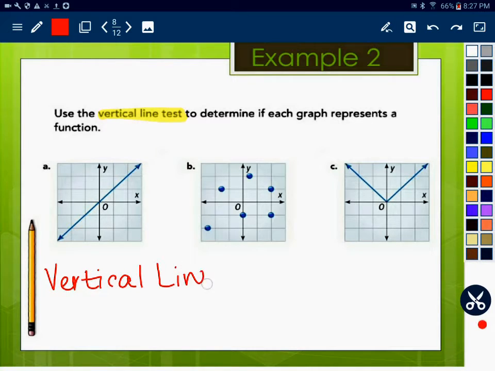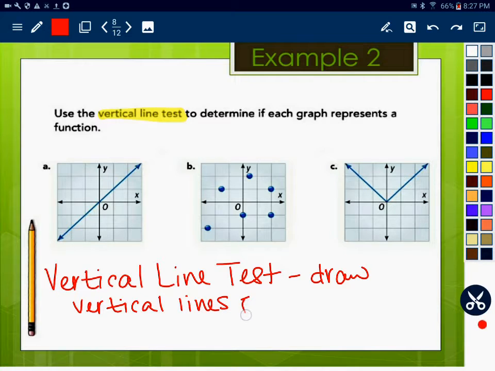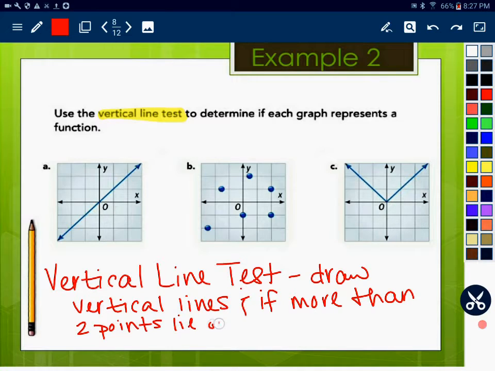Vertical line test. Okay, this is when we test to see if any points lie on the same vertical line. So we are going to draw vertical lines and if 2 or more points lie on that vertical line, it is not a function.